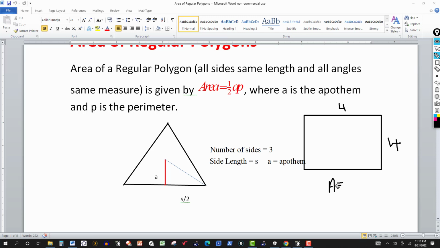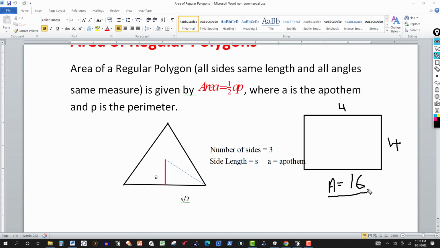We know the formula for the area of a square, or the area of a rectangle. It's length times the width. So in this case, if I just use that formula, this is 4 times 4. This is 16. This, of course, will be square units.